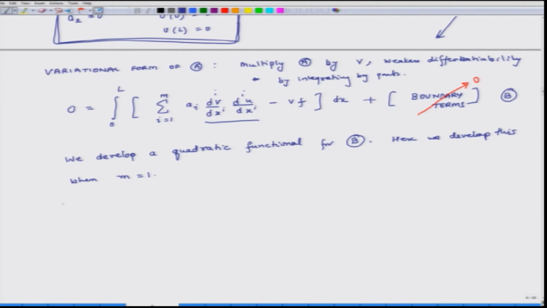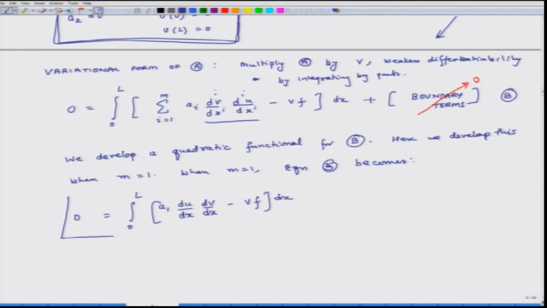So, when m is equal to 1, equation B becomes 0 equals the integral of A1 du over dx dv over dx minus v f dx, right. So, let us call this C.